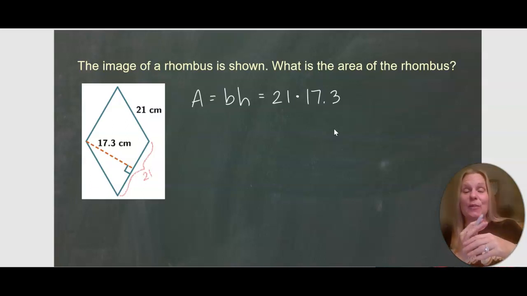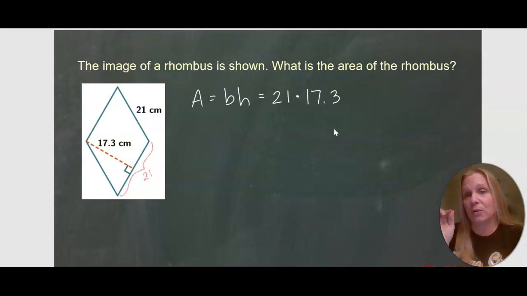It means that they form a right angle, kind of like in your house where the wall meets the floor, right? That's perpendicular, like the letter L, like the letter T. Those are perpendicular, right? They meet at right angles. So that's another way you know that you're using the correct base and the correct height. They should be perpendicular to each other.